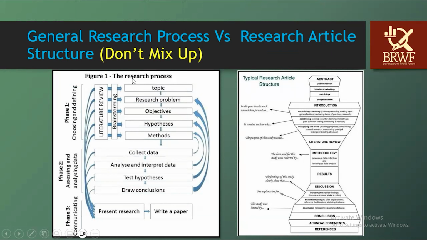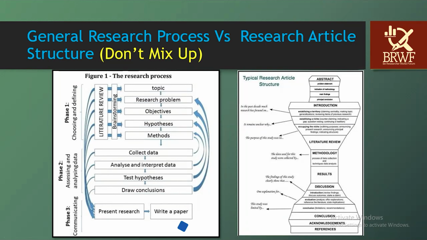This is the complete research process from choosing a topic to writing a paper. But how to write a paper, or what the elements or structure of an ideal paper are, was already covered by the lecture of Dr. Rashidul Islam. Those who are new or did not cover this lecture, please go through it. I think it will be more helpful for you. But don't mix up these two things.